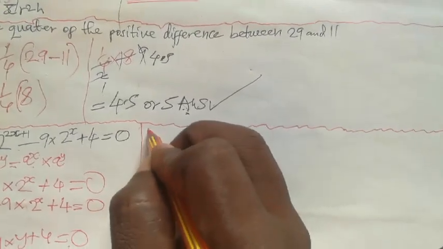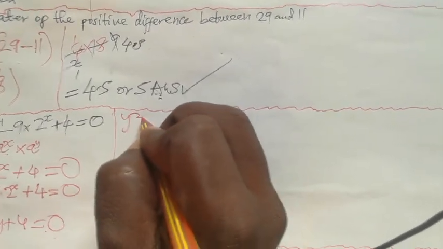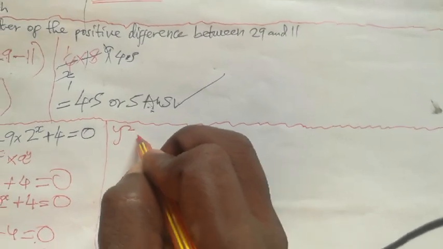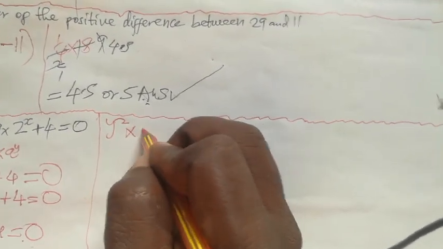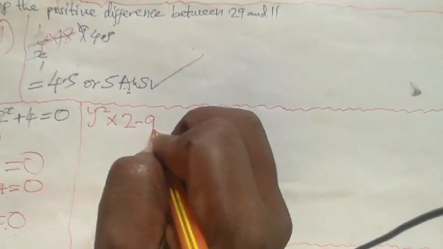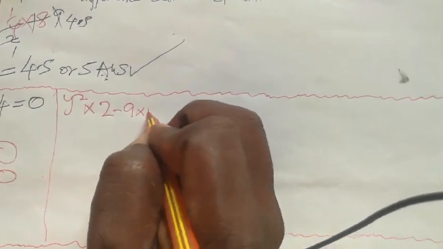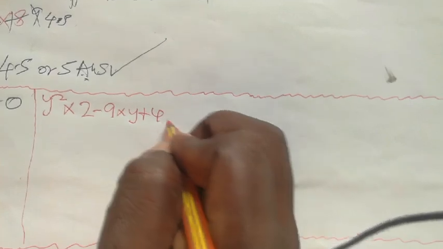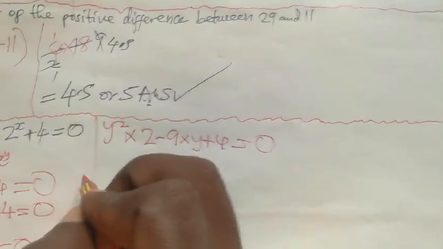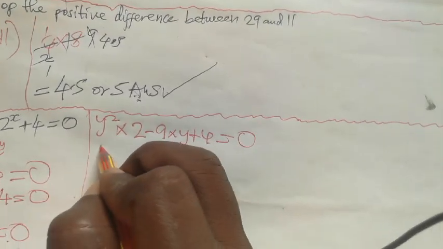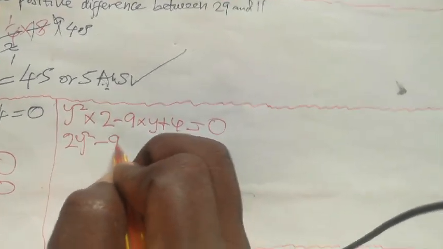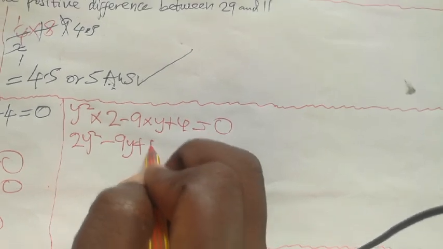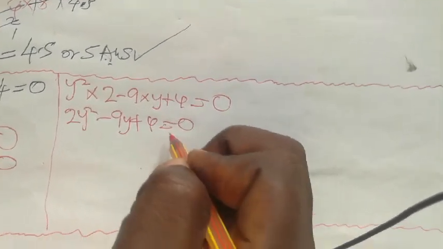We say y squared times 2 minus 9 times y plus 4 is equal to 0. This will give us 2y squared minus 9y plus 4 is equal to 0.